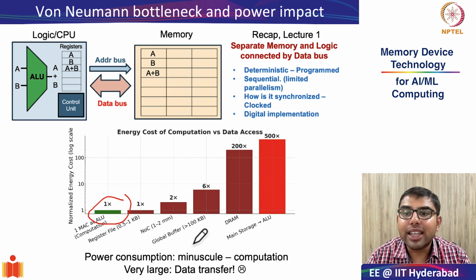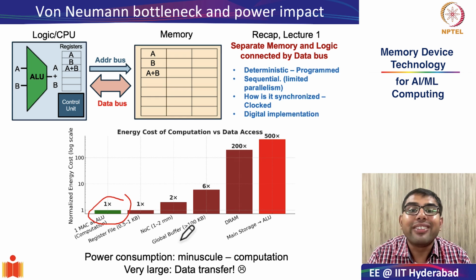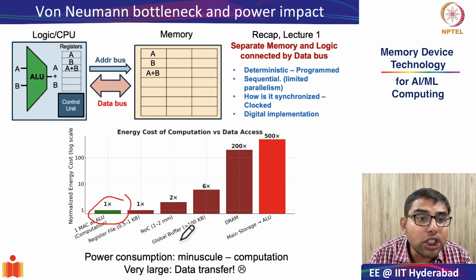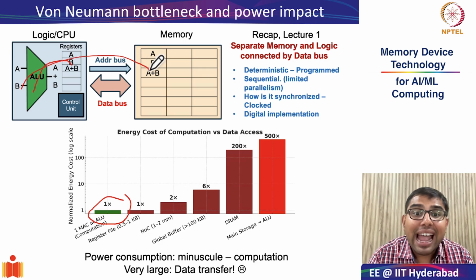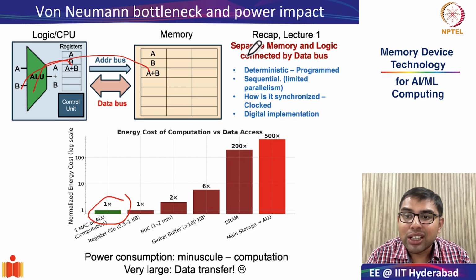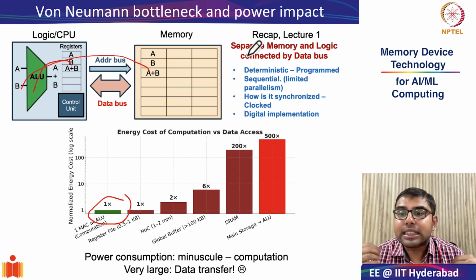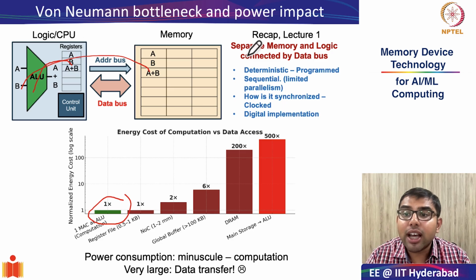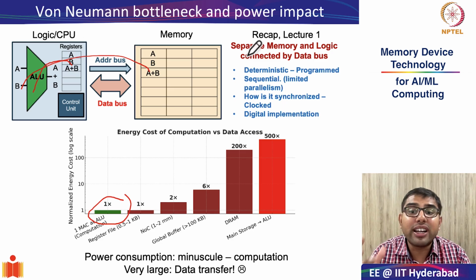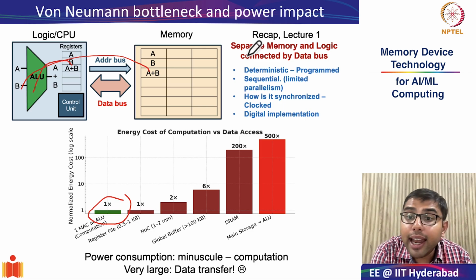As we see in the x-axis, we are looking at the energy cost of shuttling data back and forth from different elements: from the ALU to the registers, the ALU to the main memory, and we will also look at ALU to the main storage. So when we see that, we recognize that moving data through the entire hierarchy quickly dominates the amount of power consumed during these operations, while accessing a register file costs the same as an ALU operation.